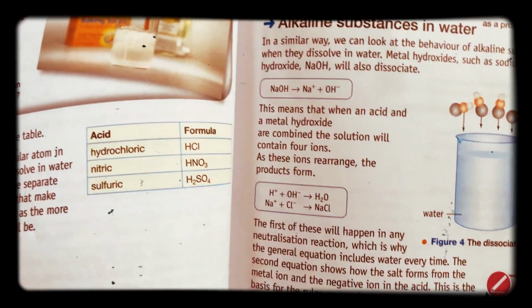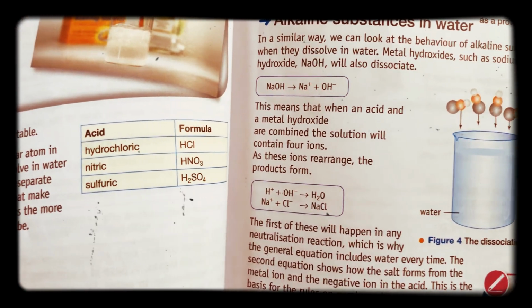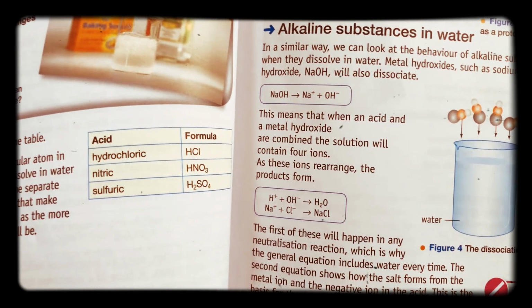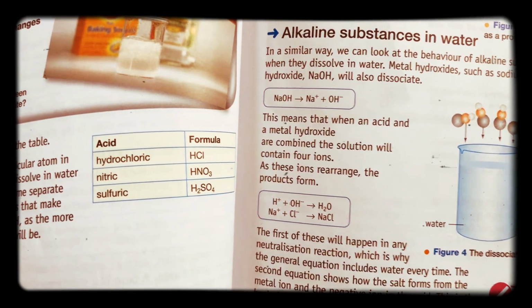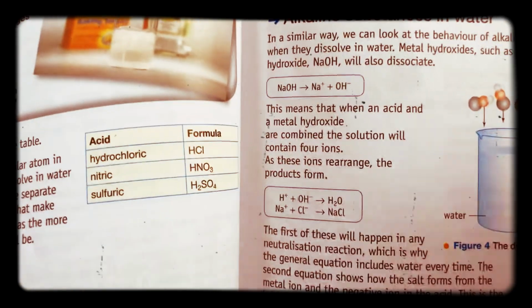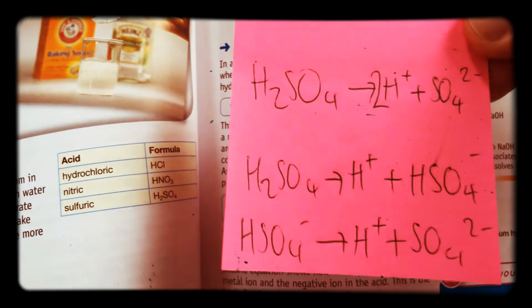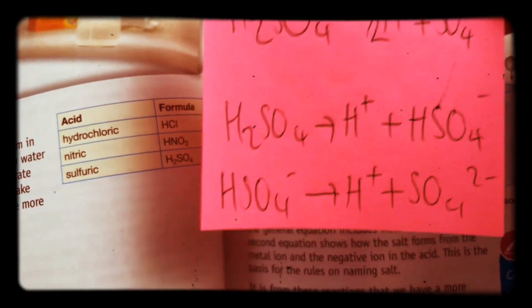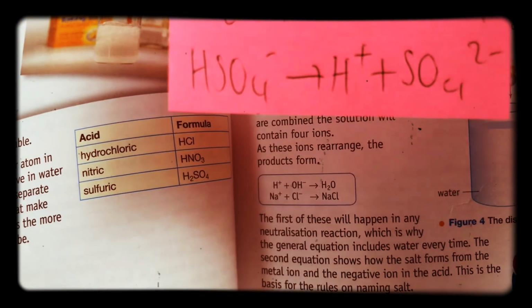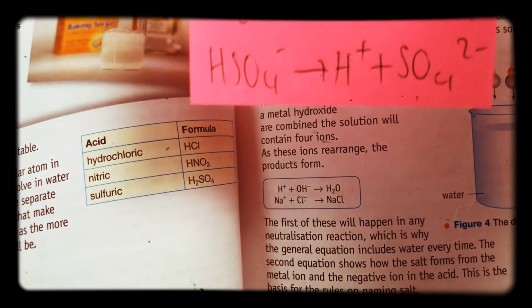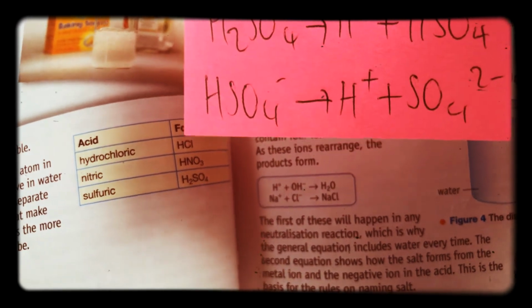However, you do find that the HSO4- can further dissociate in a solution, and that can then give you your original SO4 2- that I raised in the first question. So that's HSO4-, which is called the hydrogen sulfate ion, and that dissociates even further to form H+ and SO4 2-.